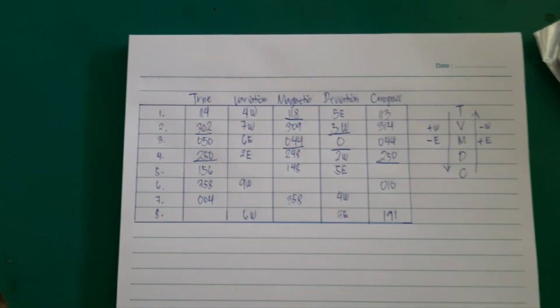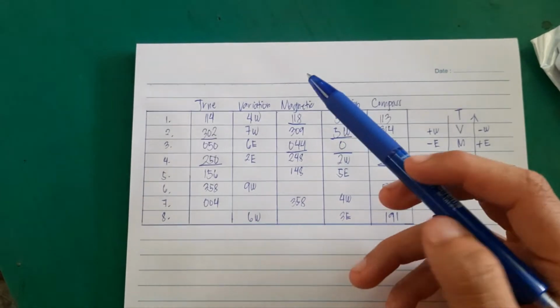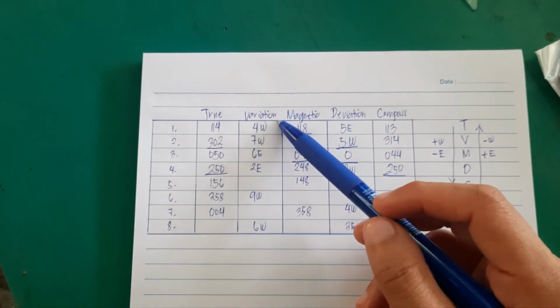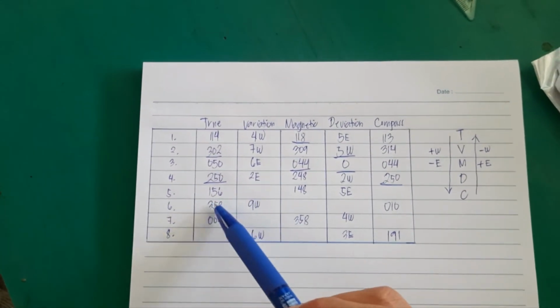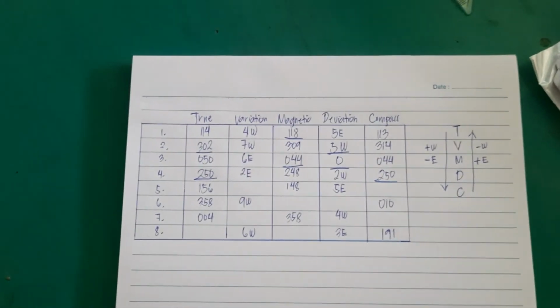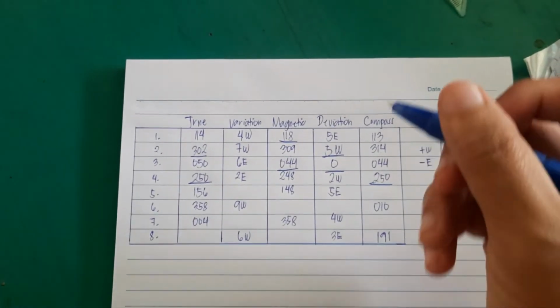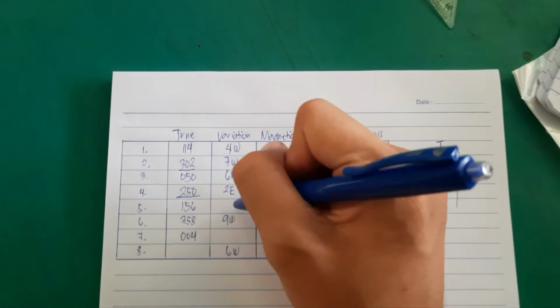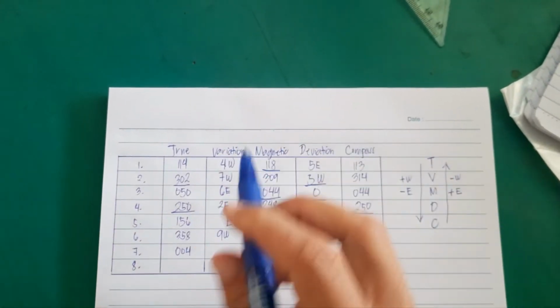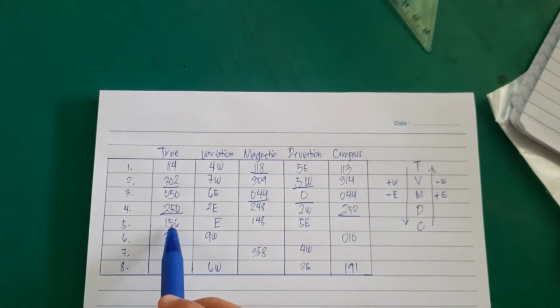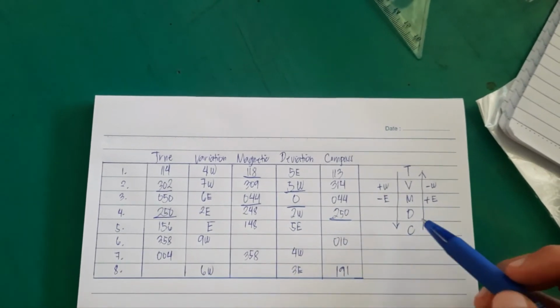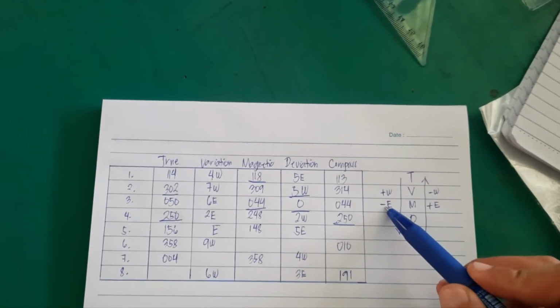Number 5, we have variation is missing. So how can we get the variation? Since we were going to subtract, then this is east. The applicable rule for this one is true course to compass course. That's why it's east, it's subtract.